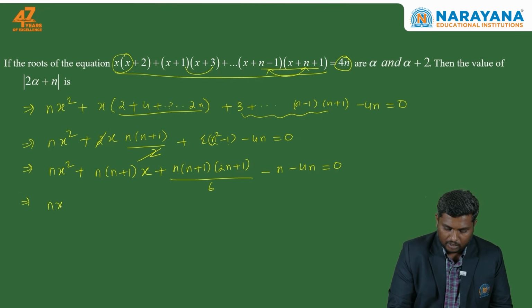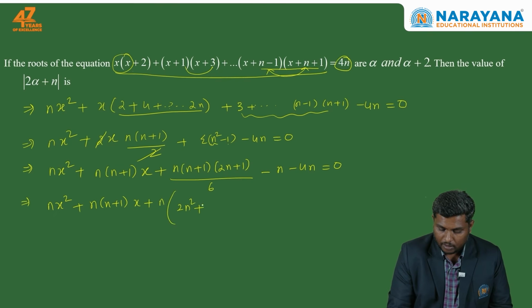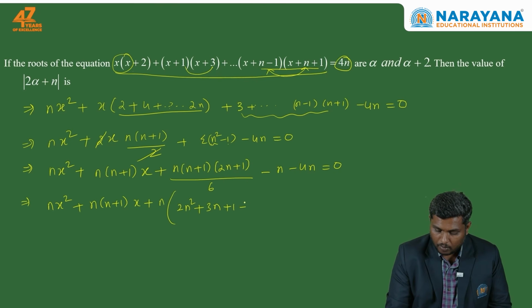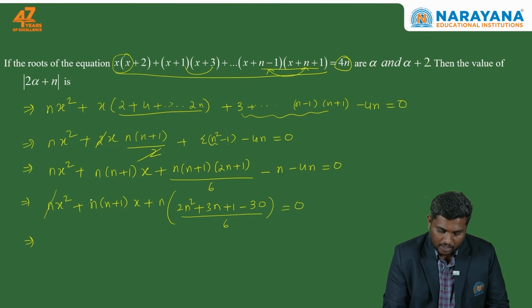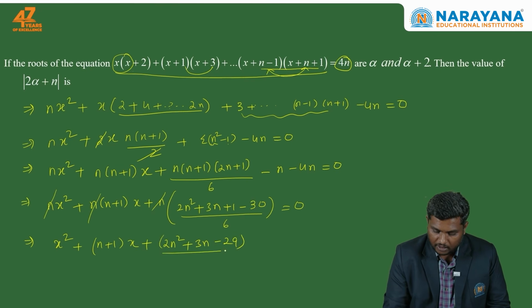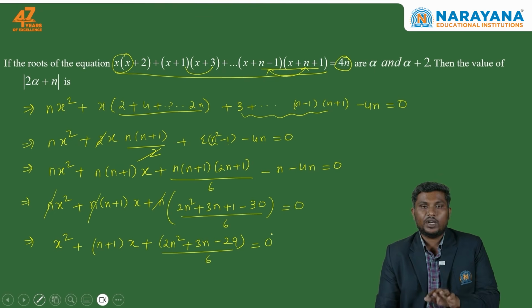Once again I am going to write this nx square plus n into n plus 1 x plus, now if I take n common here, this would be 2n square plus 3n plus 1 minus, since we took n common from this whole expression, this is 5 minus 30 by 6, is 0. So if I take n common and cancel out, I have x square plus n plus 1 into x plus 2n square plus 3n minus 29 by 6 is equal to 0. This is the final quadratic equation which I get here.